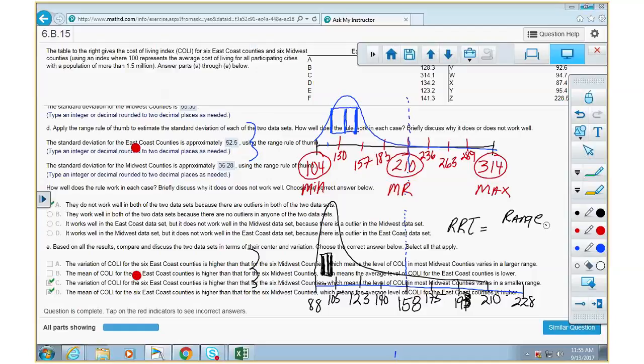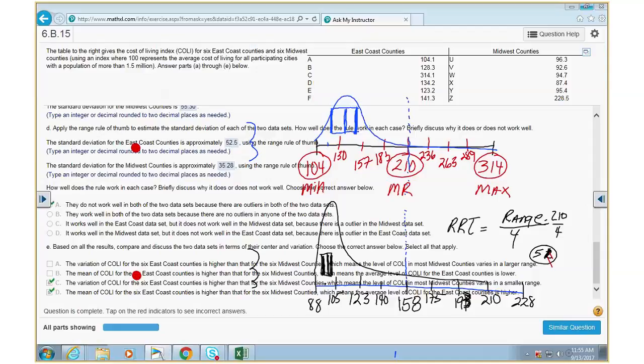So what's our range? Somebody give me that number. 210 divided by 4, that's 52. Is that what they give you? All right, 51.